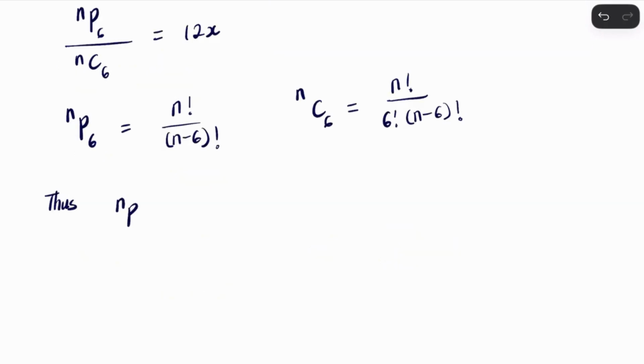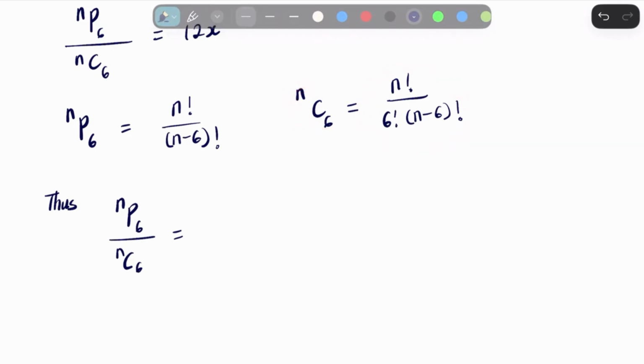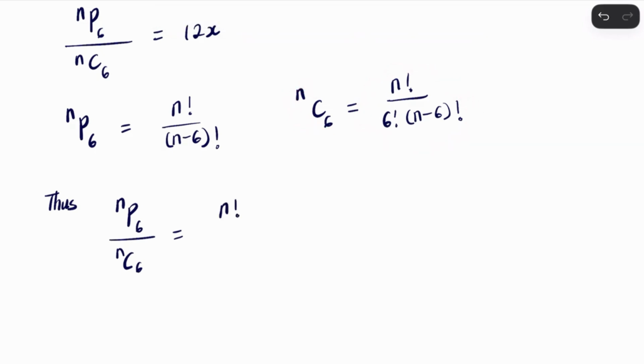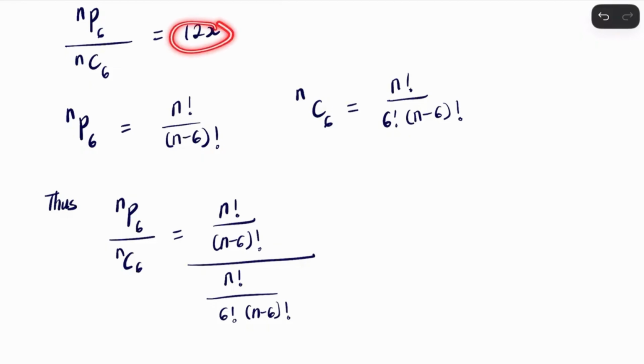Thus, nP6 divided by nC6 gives us n factorial divided by n minus 6 all factorial, then all divided by n factorial divided by 6 factorial n minus 6 all factorial. And we're told that this is equal to 12x. So we equate this to 12x.